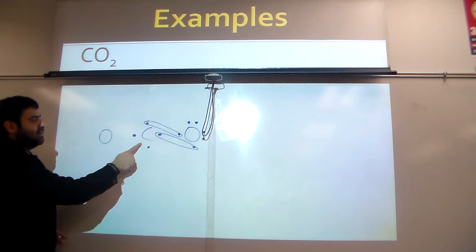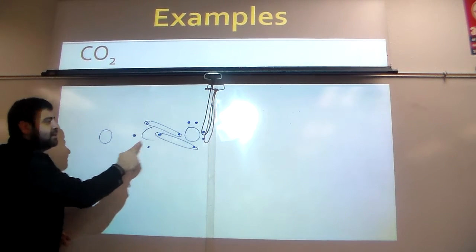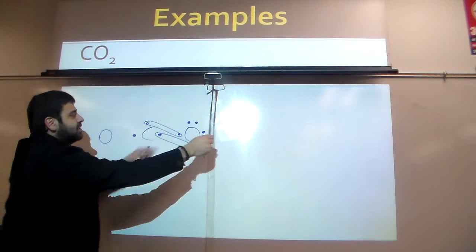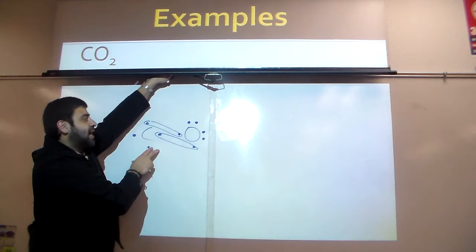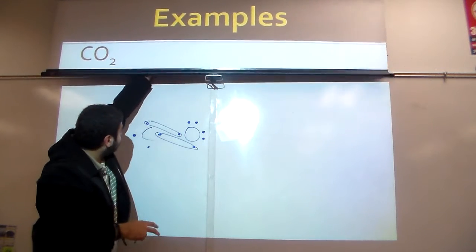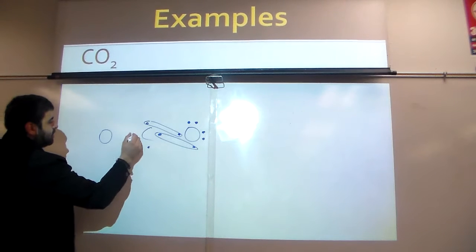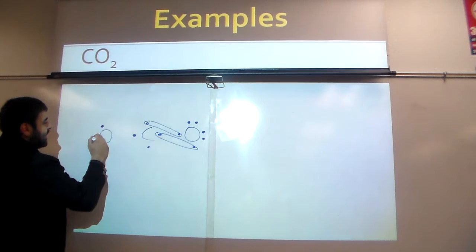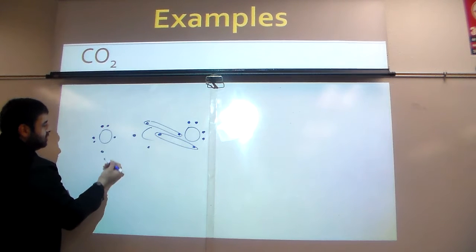Now, whenever we count lone pairs, we only count the ones around the central atom. So these are not going to be considered lone pairs here. Our focus is around just the center atom, the one in the middle, the one who's the focus of attention. And then, of course, this oxygen has 6 valence electrons as well and can make 2 bonds.